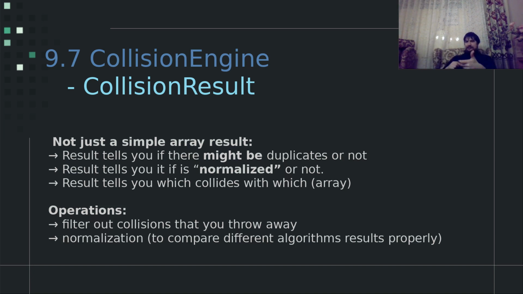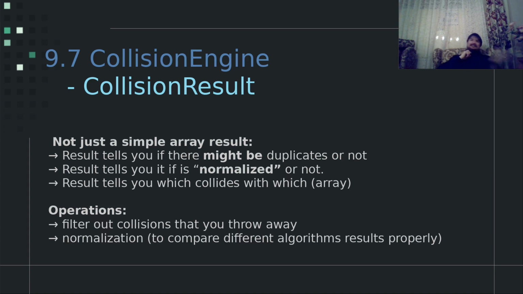The order of the results will be different because these are not sets. For fast runtime and fast lookup times, these are just plain arrays. One might give you duplications, the other might not. So how do you make this possible? To make it possible to compare for equality, I had to come up with a term for what the normal form of a collision result is. You can deep dive into the code to see what it is.